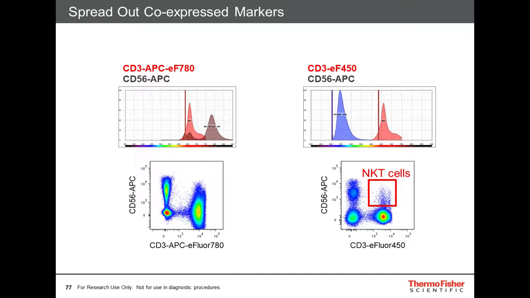If you use these on cells that are co-expressing the same markers, even if you used an FMO, it'd be very difficult to quantitate those populations. If we separate those co-expressed markers onto fluors like eFluor 450 and APC, we can see a much better staining pattern that gives us a much better idea of how those cells are co-expressed.